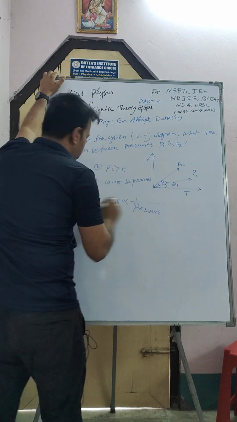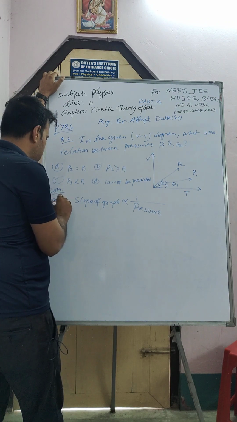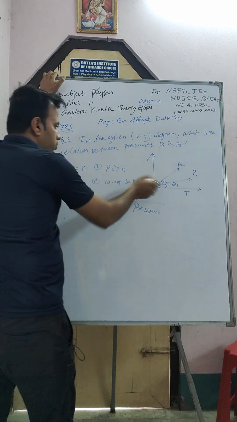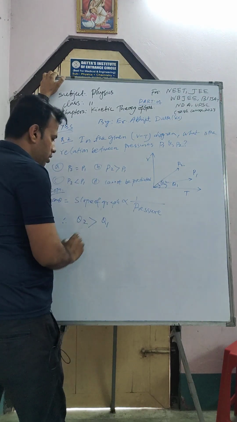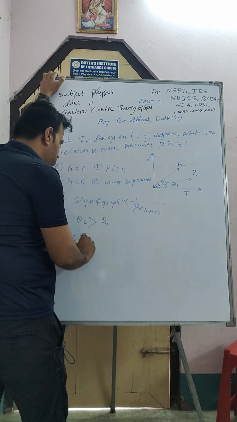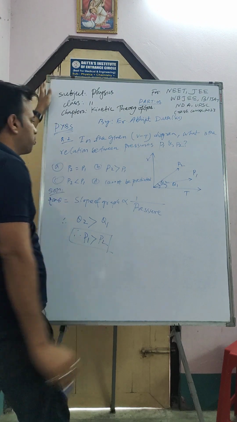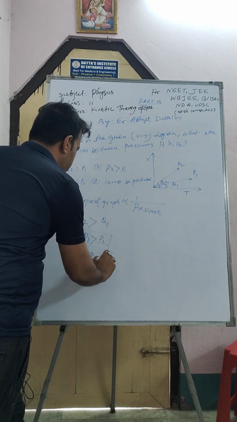So slope means tan theta. Now theta 2 is greater than theta 1, therefore we can say, pressure being inversely proportional, P1 is greater than P2, or P2 is less than P1.